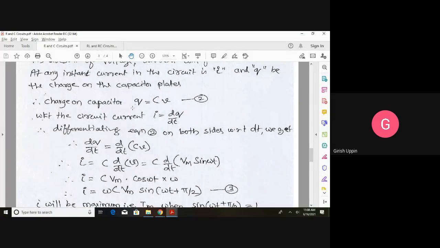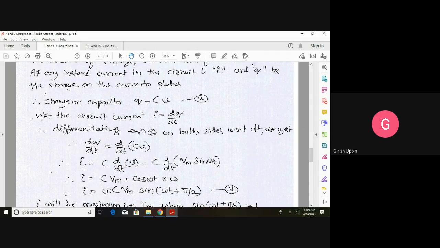Now we have this equation, q is equal to C into V. If we differentiate both sides, left hand side and right hand side, with respect to time, on the left hand side we get dq by dt, and on the right hand side d by dt of C into V. Here C is constant and V is Vm sin omega t, the instantaneous value of the alternating voltage.